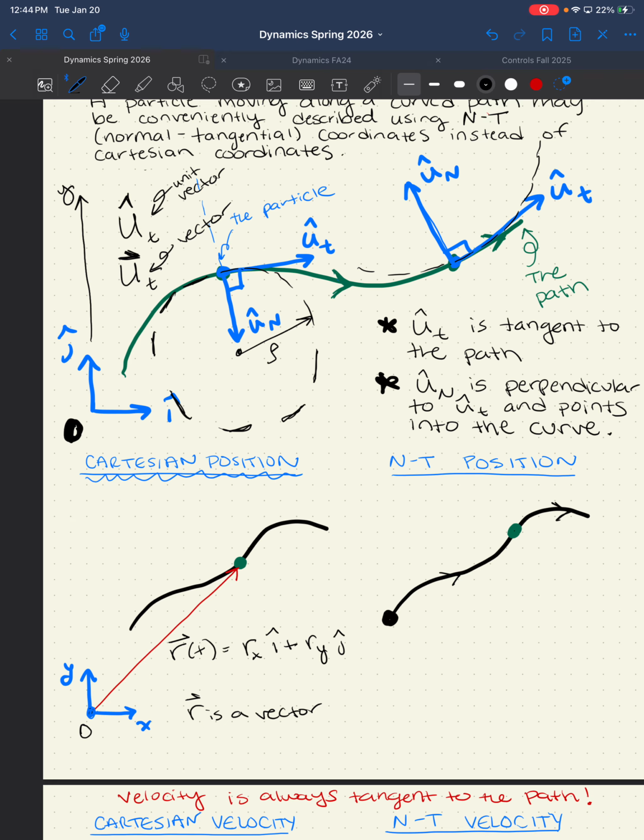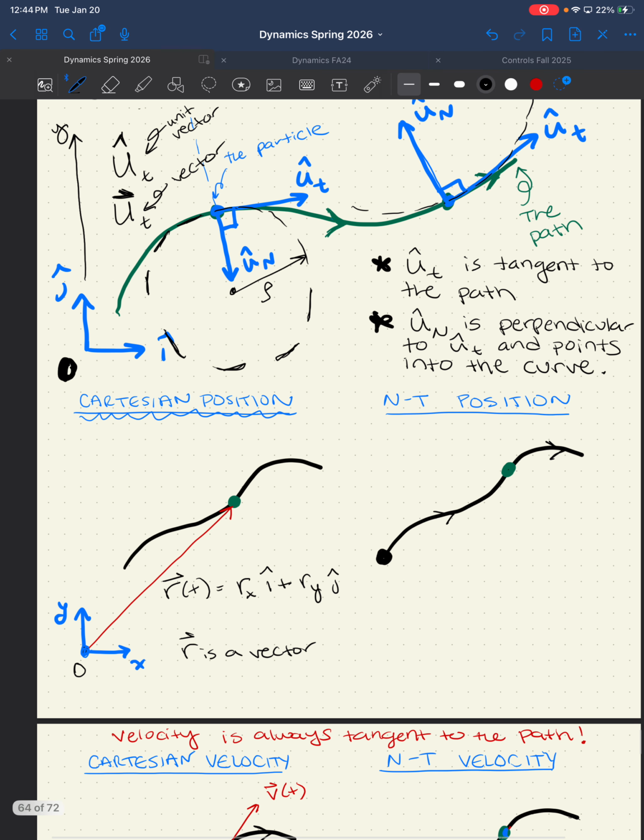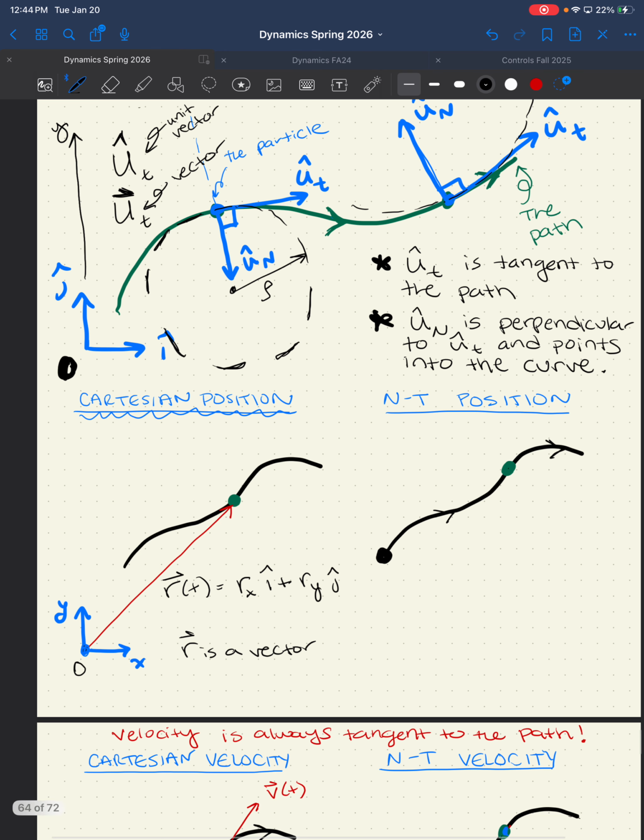So now we need to know, how do we define position, velocity, and acceleration relative to these new coordinates? On the left, I'll show the Cartesian position, velocity, and acceleration, what we covered a week ago now. And on the right, I'll show how that changes for the NT coordinate system.